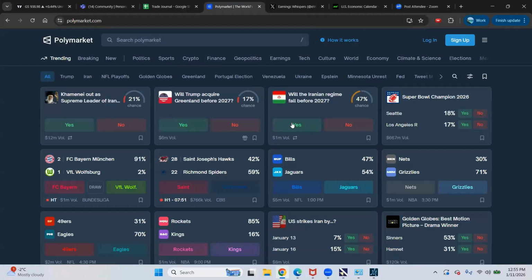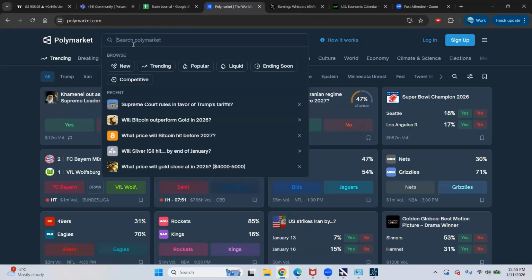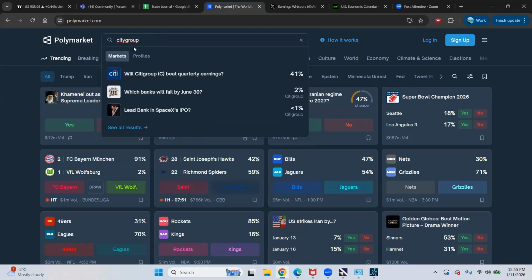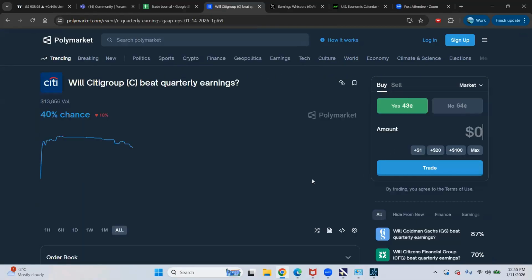If we go over to Polymarket and look at, I was mentioning to you, was it Citigroup earnings that took a bit of a dive? Yeah, so there we go. Generally, my experience with Polymarket is that for these earnings plays, people are generally very optimistic in terms of whether these companies will beat the earnings number.